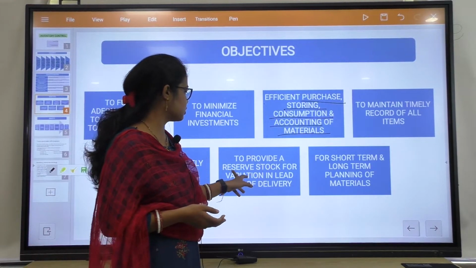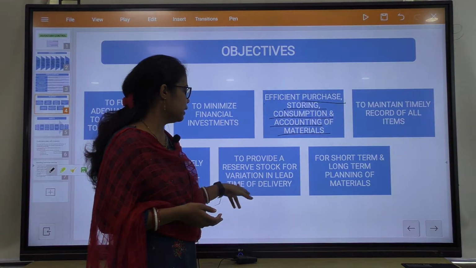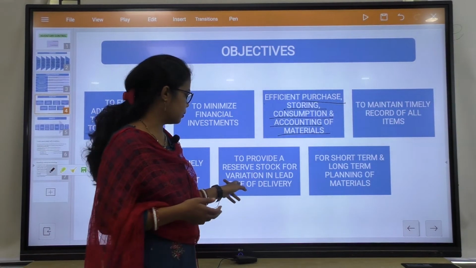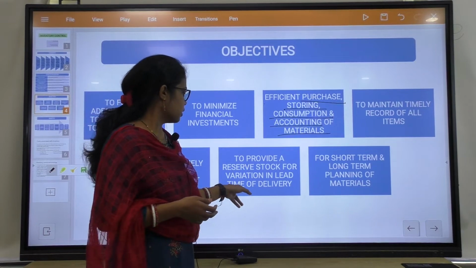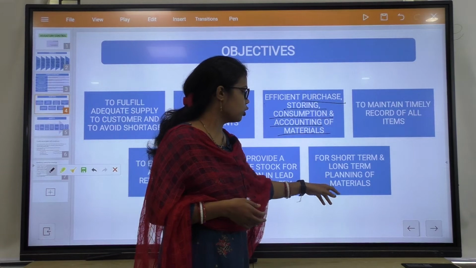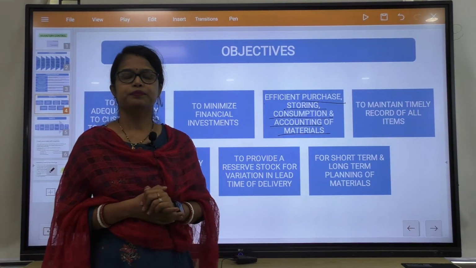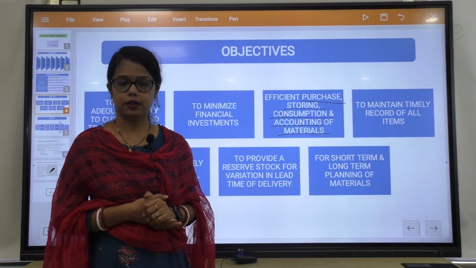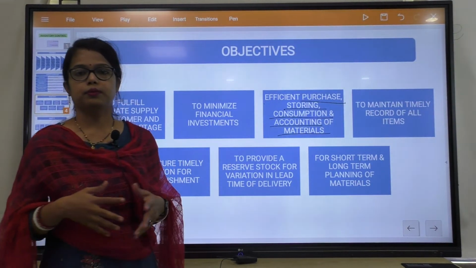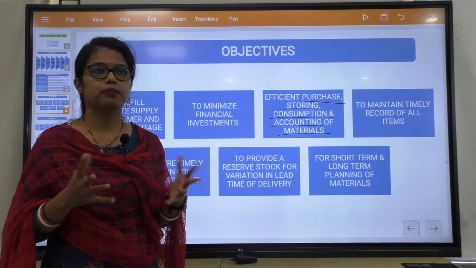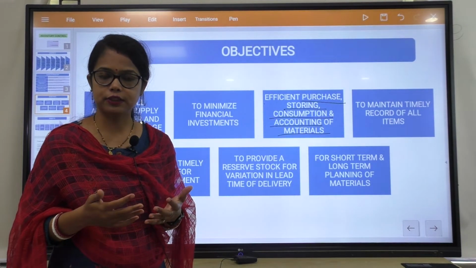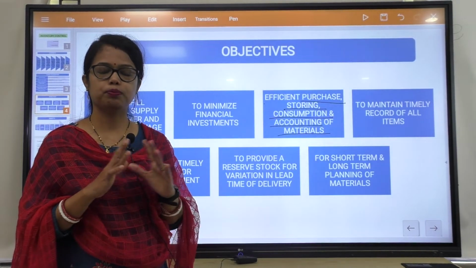To provide a preserved stock for variation in lead time of delivery. I will tell you about this point in a later slide, about the lead point. Then for short term and long term planning of materials. That means in inventory control we are planning for a year or a month or 6 months or 2 years, doing the proper planning.